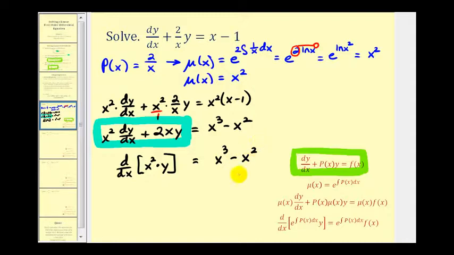Now that we've done this, we'll now integrate both sides of the equation with respect to x and solve for y.